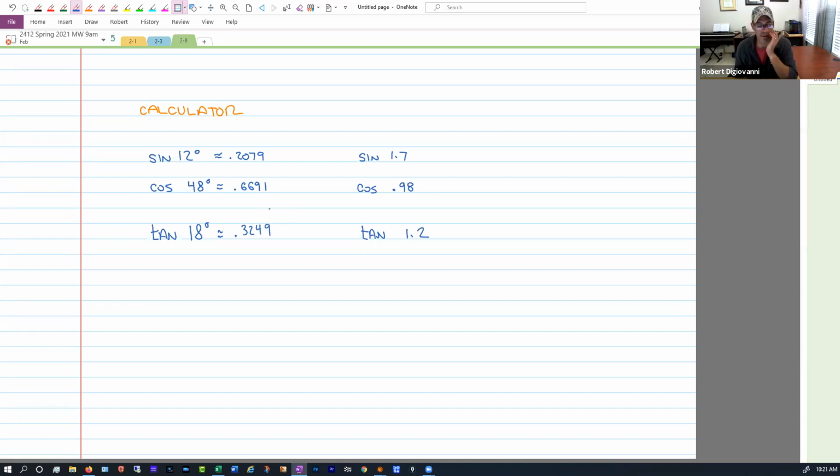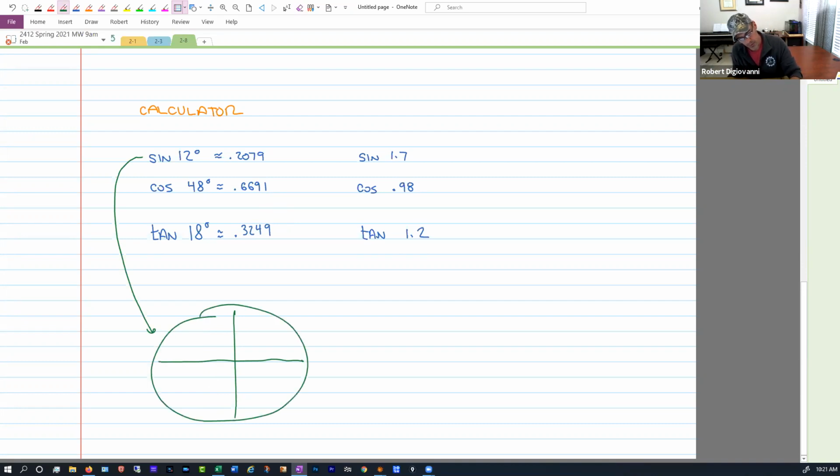So I want to kind of illustrate to you what we just did, all right? And then we'll get to the other answers. Let's just look at this first one. What is that number, 0.2079? If you take the unit circle, where this is the 0.10, if you were to go to 12 degrees, sine of 12 degrees, remember sine is the y-coordinate.